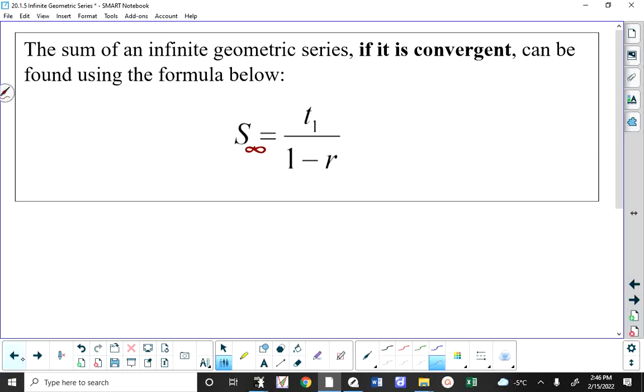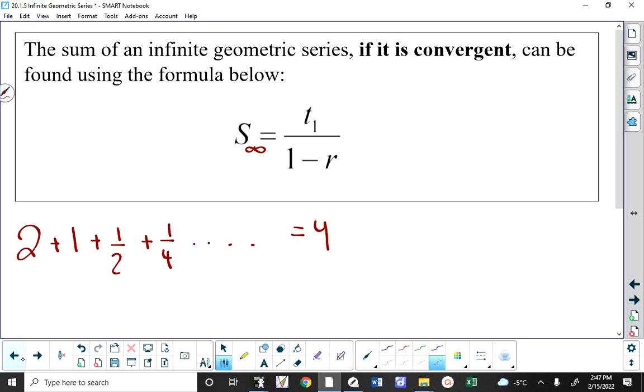So, in our warm-up, do you all agree that this was a convergent series? What was the sum approaching? Do you remember? This is the warm-up one. It was 4, wasn't it? It was 2 plus half of 2. You're always approaching 4. So this equals 4.